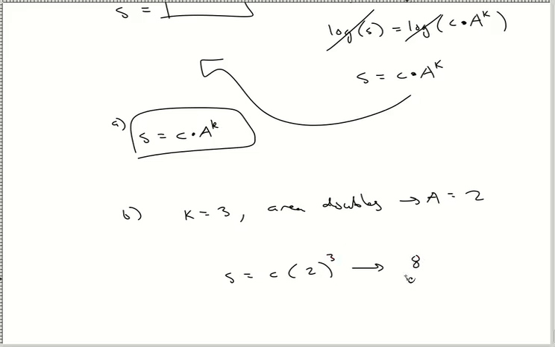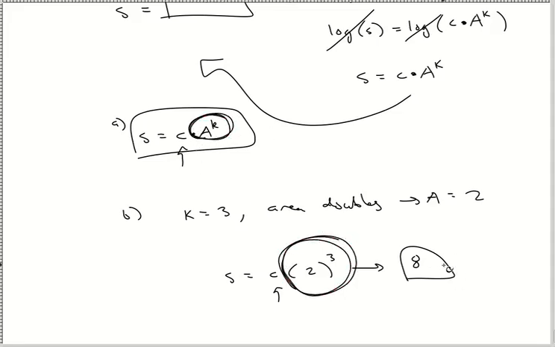It says, what's the magnitude difference whenever k equals 3 and the area is doubled? Your magnitude difference would be 8. Notice that your C is still the same here and there. That's fine. I'm not looking for the C. I'm looking for the number beside it, because that's the part that's changing. That's why it's magnitude difference kind of stuff, okay?